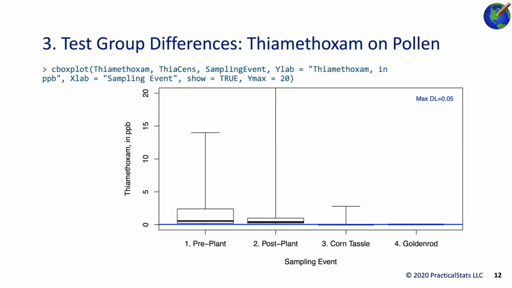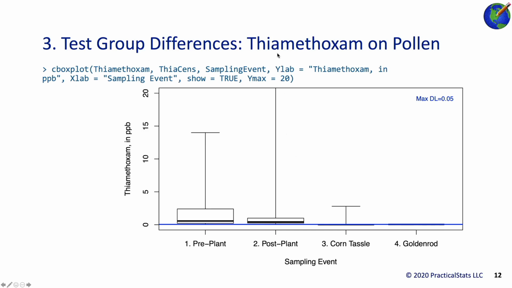Here's the box plot procedure again with a variable called thiamethoxam, which is a neonicotinoid pesticide, I believe. So that's its concentrations and detection limits, and then the indicators, and then it's grouped into 4 groups by the variable sampling event. You can throw in additional labels and show the boxes, whatever they are, below the highest detection limit.